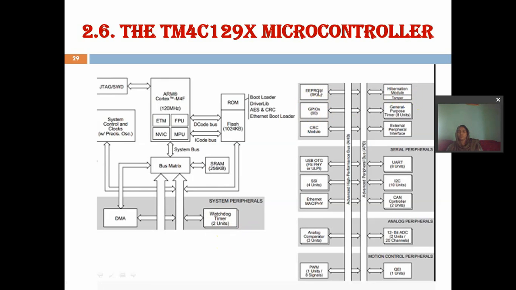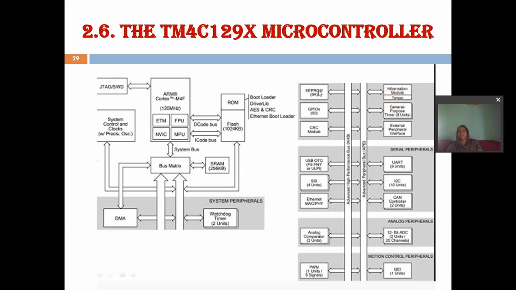Whenever one block is not in use, it will put that block in sleep mode, so that the power consumption is very less. The hibernation module is a device through which we can monitor all the blocks. Whenever one block is not in use, it will automatically switch off that block, so that the power consumption is very less.